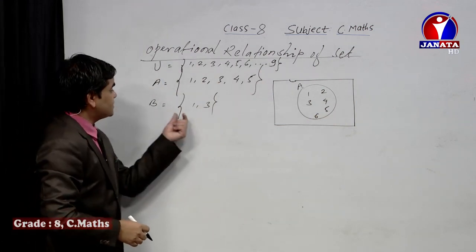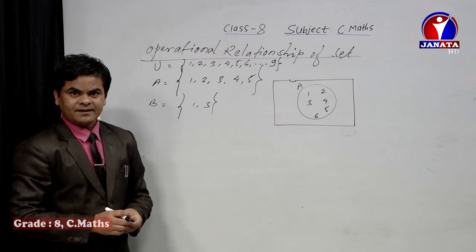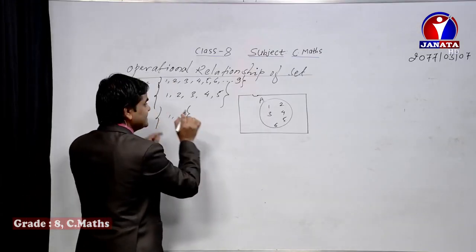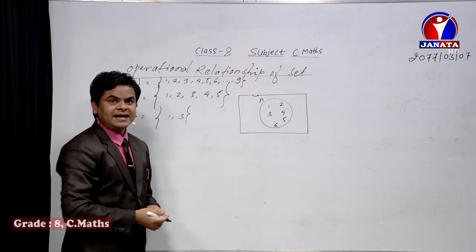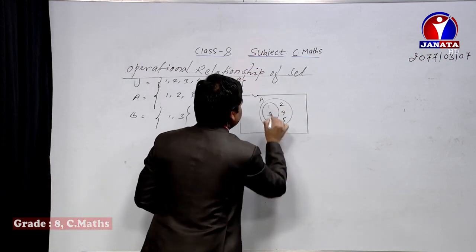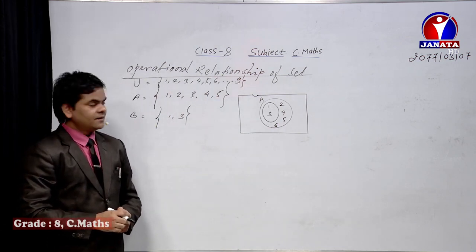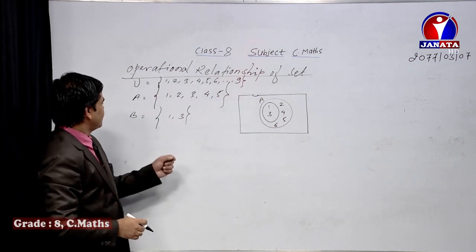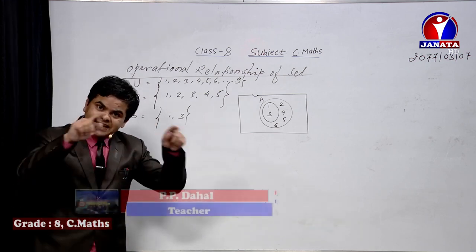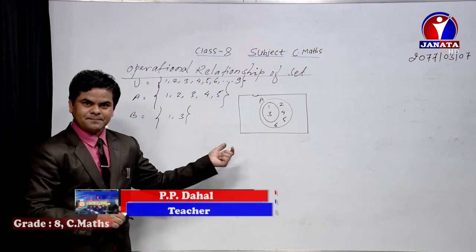So now if we need to represent this B set also in the same Venn diagram, what happens? Of course, 1 and 3 are already included in the set A. So another circle should be prepared inside the circle A. That means a proper subset always comes inside the set while preparing a Venn diagram.